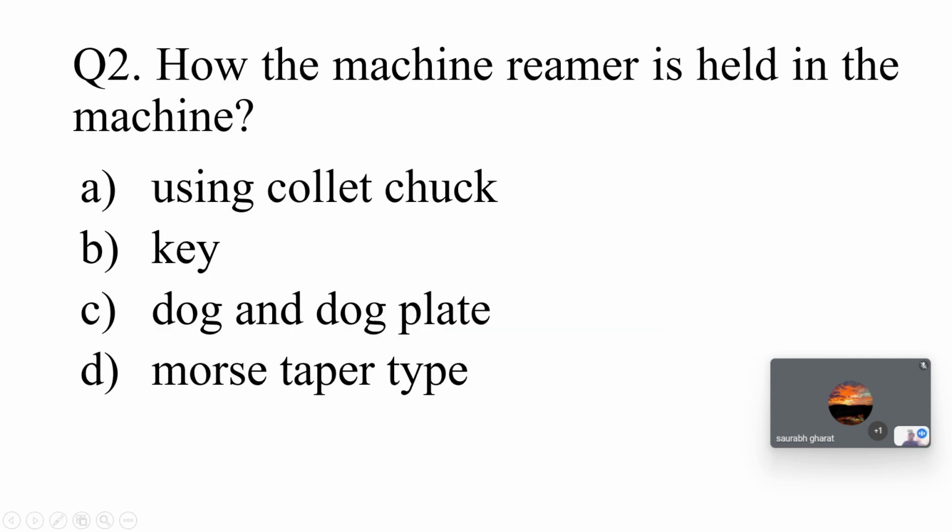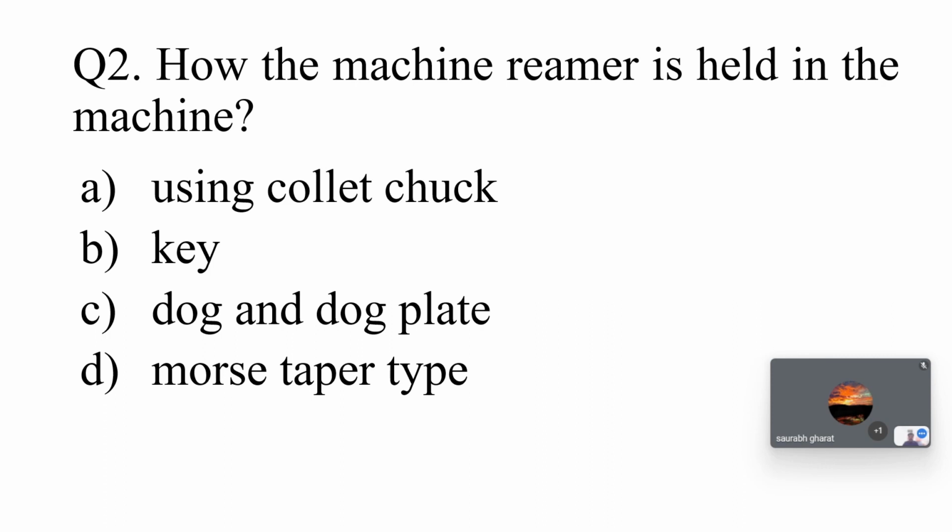Second question: how is the machine reamer held in the machine? I told you in the assignment question also that the Morse taper is used, and a tang is used to remove it. In the previous question I also told you about the Morse taper type.